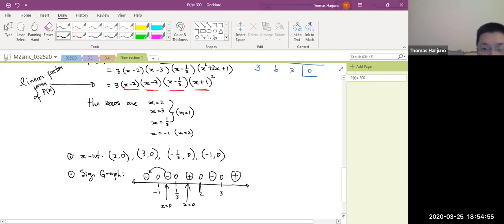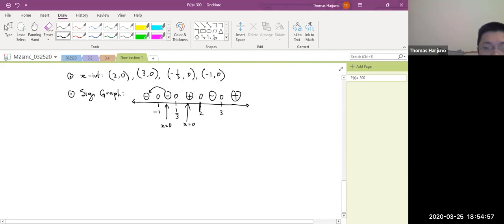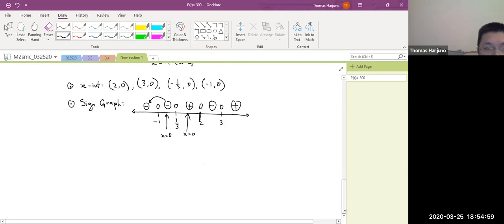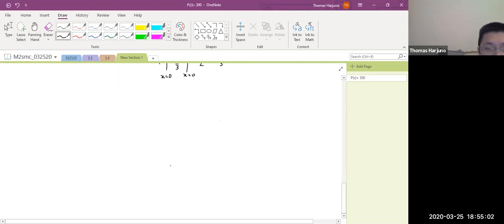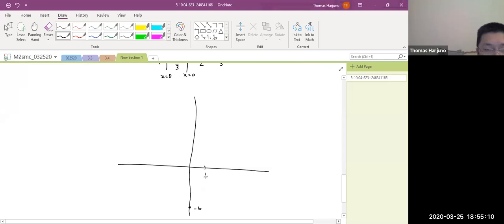Now then, let's fully graph this. At least the sketch. The y-intercept is (0, -6). X-intercepts are (1/3, 0), (2, 0), (3, 0), and (-1, 0).